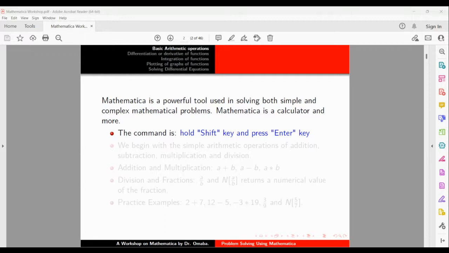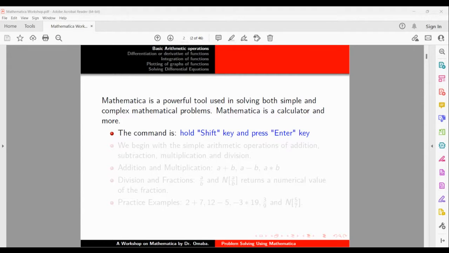I earlier sent a free version to some students, so I expect them to download it, log in, and register, so that even from home, you can use your laptop to practice. So let's see what we have.